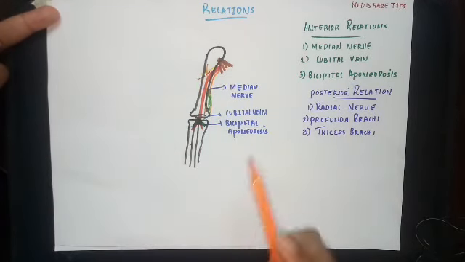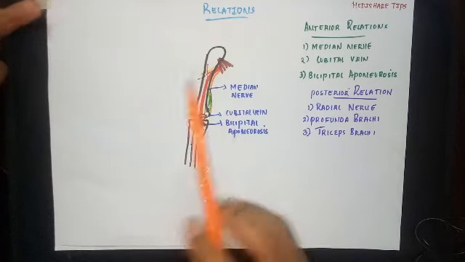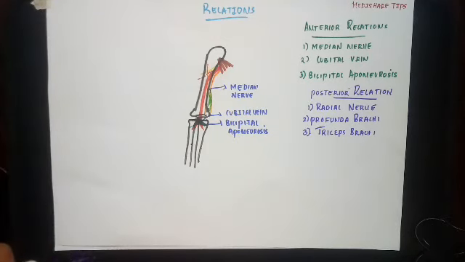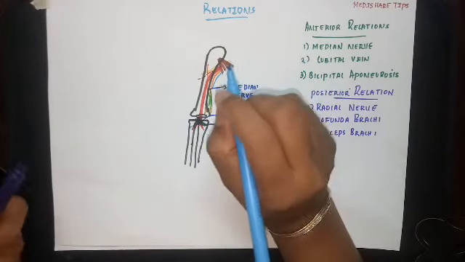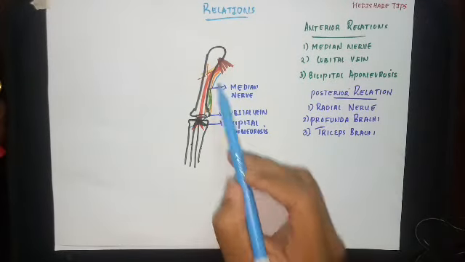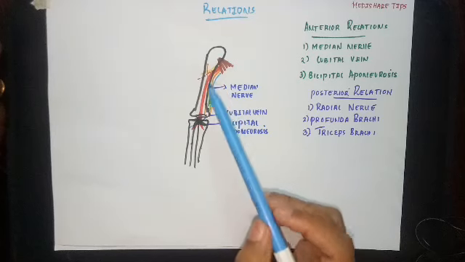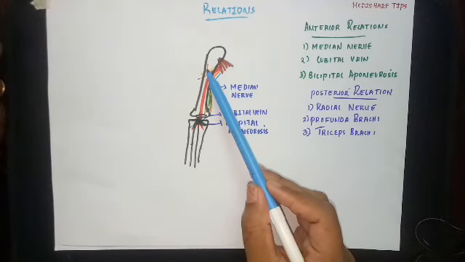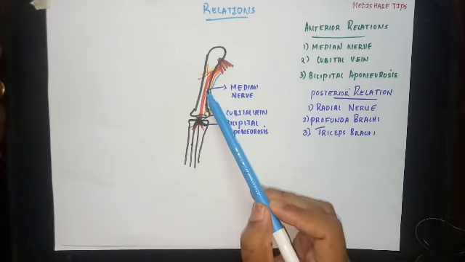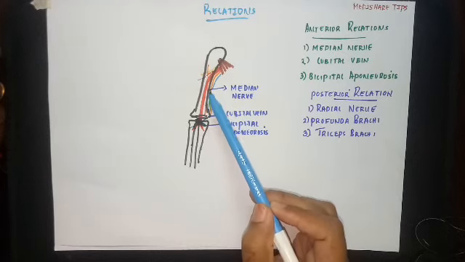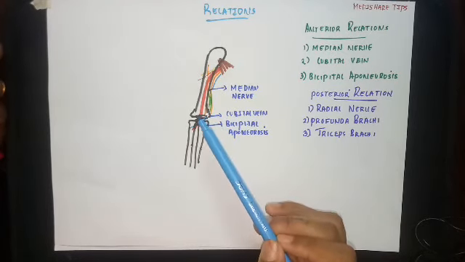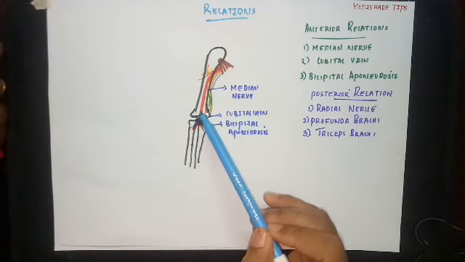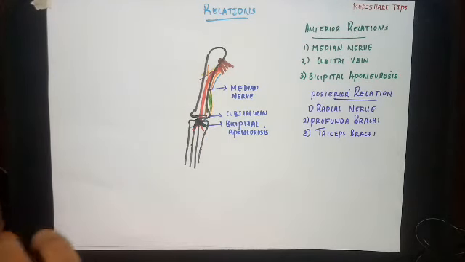Along with the ulnar nerve, the basilic vein also forms a medial relation of the artery in the upper part. Whereas in the lower part, the median nerve, after crossing the artery, comes to the medial aspect of the brachial artery in the lower part of the arm. So the median nerve also forms a medial relation of the artery in the lower part of the arm.